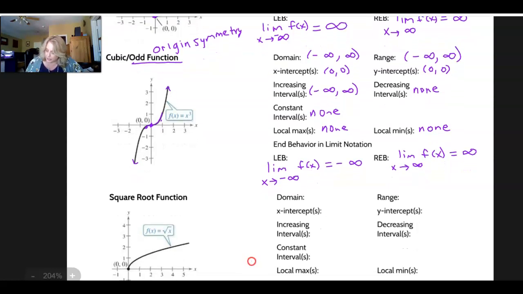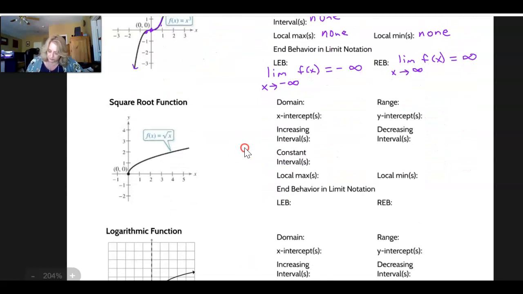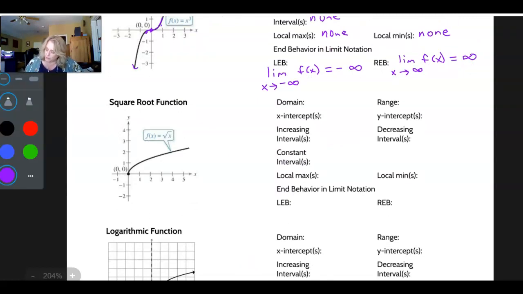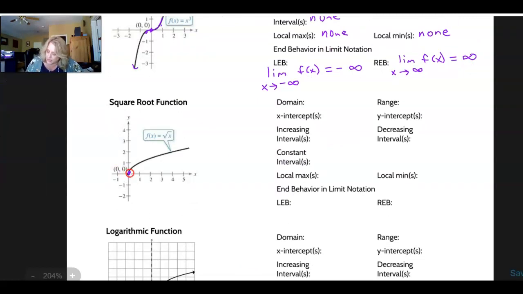And now let's talk about the square root function. The square root function is different because see how it starts at 0, 0? And so we have to show that in the domain. We show it with a bracket because 0 is included. From the left to the right, we're going from 0 forever to the right, so from 0 to infinity.